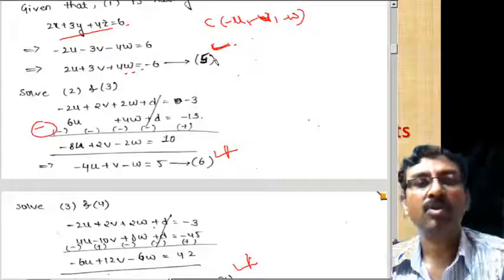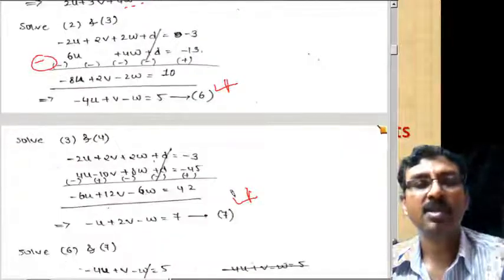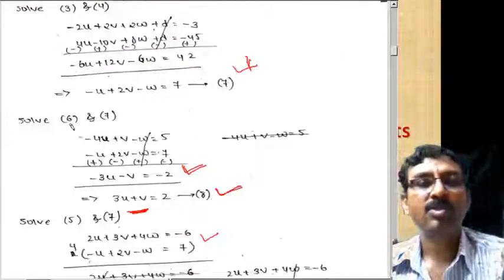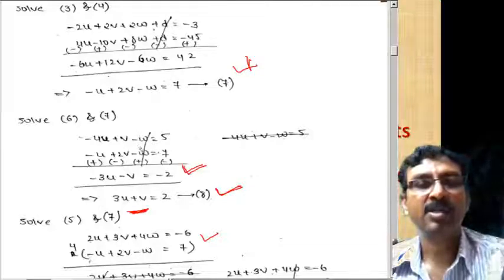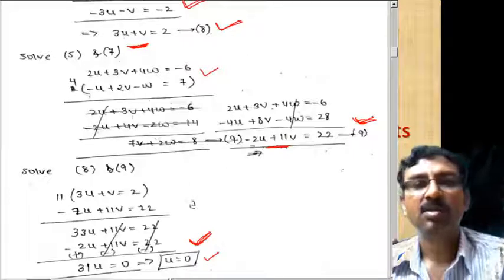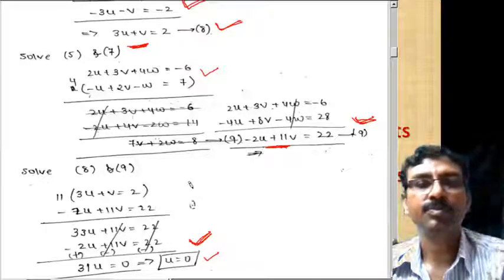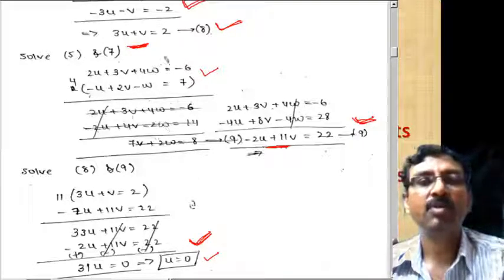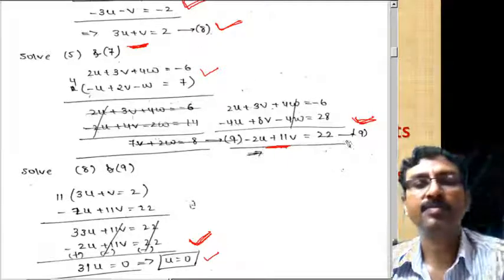In step 2 we are going to eliminate any one of u, v, w using equations 5, 6 and 7. Using 6 and 7, I have eliminated w. So the generated equation is 3u plus v equal to 2, and taking the 5th and 7th equations I got minus 2u plus 11v equal to 22. I have eliminated w in the two equations 8 and 9.